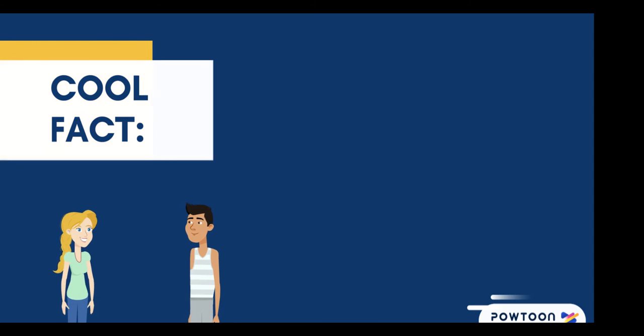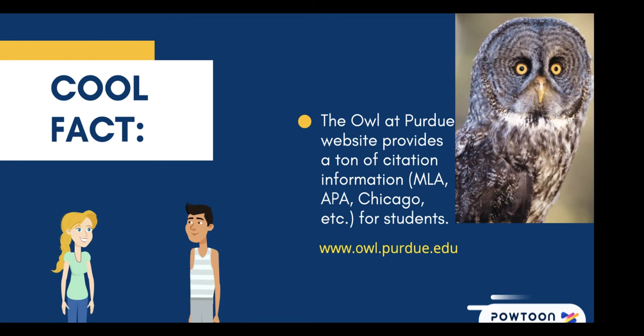In order to help you perfect your citations, you can visit the OWL at Purdue for the latest MLA, APA, and Chicago citation information. In my example, I use the MLA format.